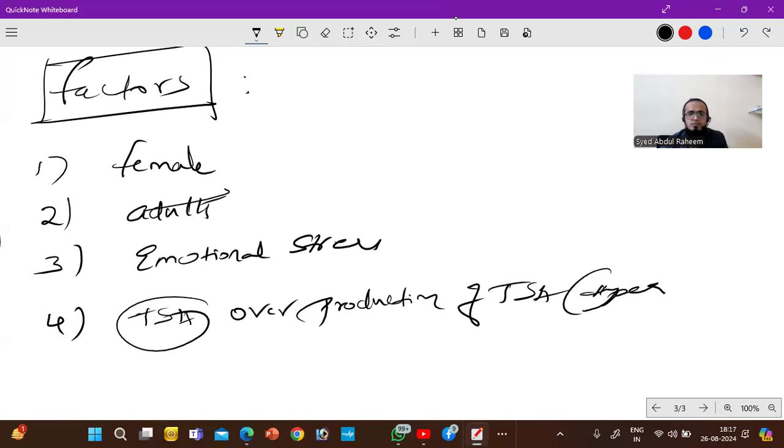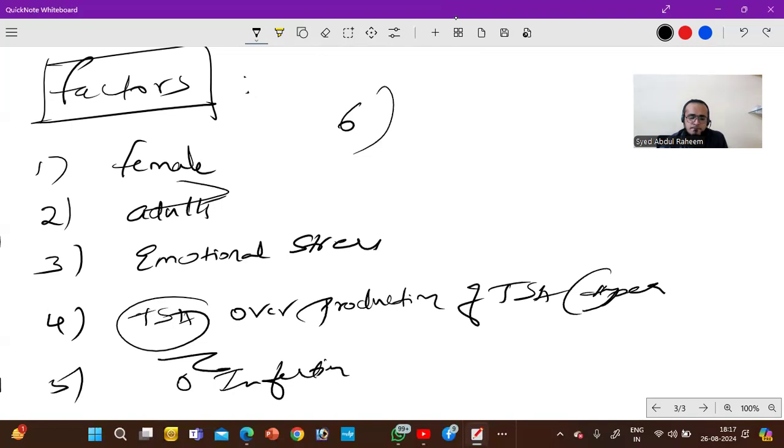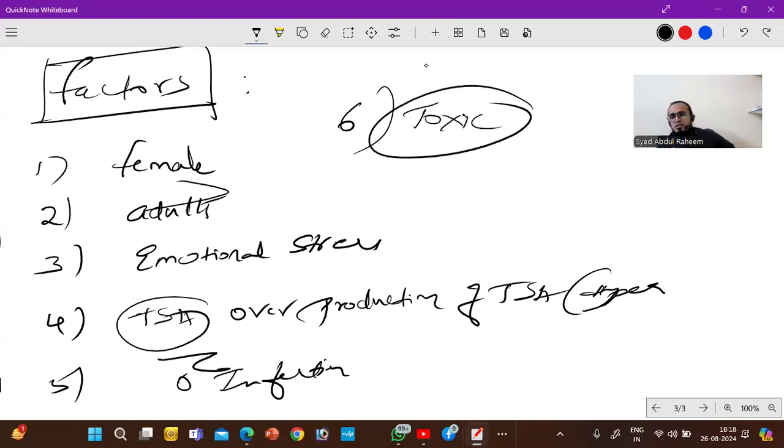And the fifth one is infection. Any type of infection can lead to hyperthyroidism. Sometimes the follicles present in the thyroid gland become overactive, so it becomes toxic to the body.